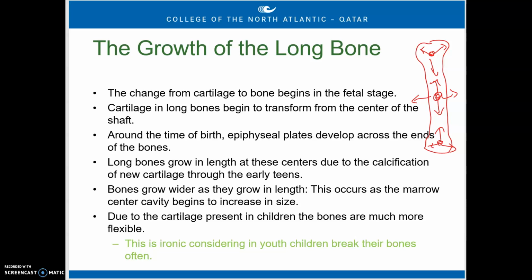As we get older, of course, the ossification will meet each other, and when we get to these places where the bone centers join up, once these fuse into solid bone, that's the end of growth, and that's as tall as you're going to get, or that's as long as that bone is going to get.